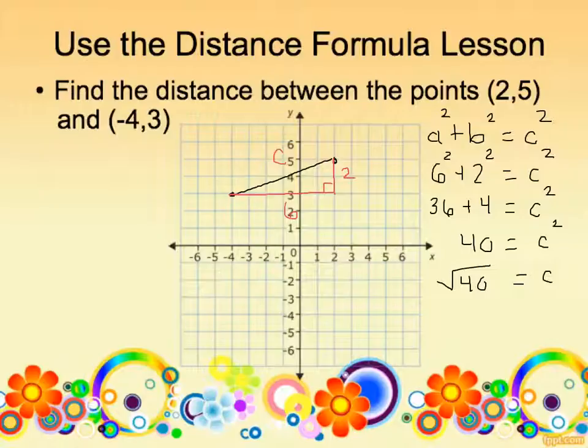This horizontal distance here could be found by taking the difference between the x-coordinates. And this vertical side could be found by taking the difference between the y-coordinates.